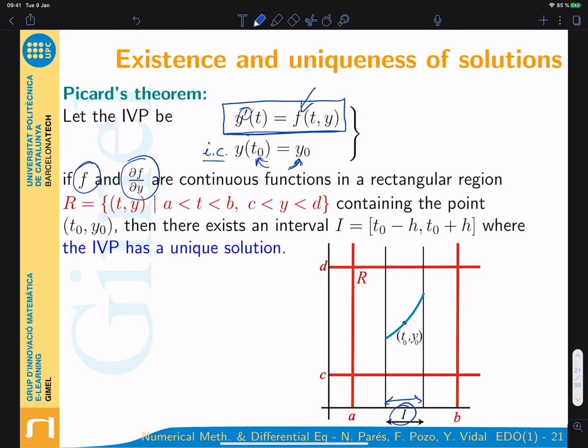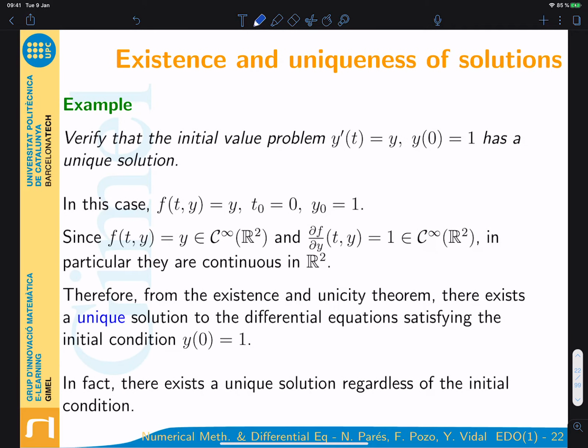And at the same time, we will explore the geometrical interpretation of ODEs. Let's start with this example. Verify that the initial value problem y prime(t) equals y plus this initial condition has a unique solution. Well, let's see if we can verify that.